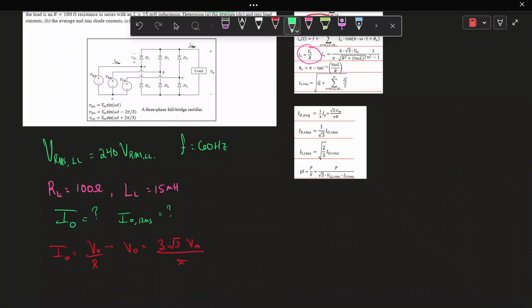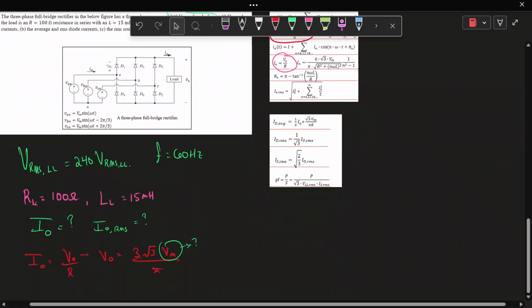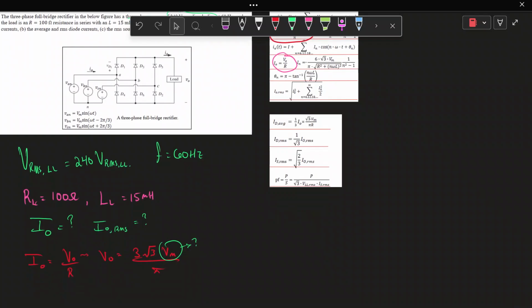Now, another problem comes up. V_m, we don't know this. We know V RMS line to line. We're not given the relationship between line to line and phase or amplitude, so we have to remember it from previous classes, or look at the crib sheet, maybe it has it on there somewhere. What we will know is V line to line RMS is equal to square root 3 V_m.